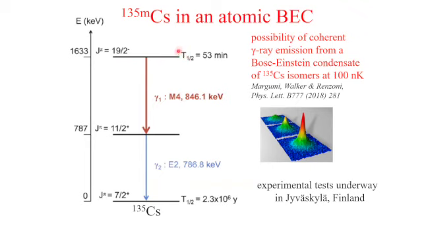So there would be a sudden burst of coherent isomer radiation when one isomer triggers it. I'm not sure how many people think this is really going to happen, but nobody has put isomers in a Bose-Einstein condensate before. And there are attempts to do this underway at Jyväskylä at the moment.